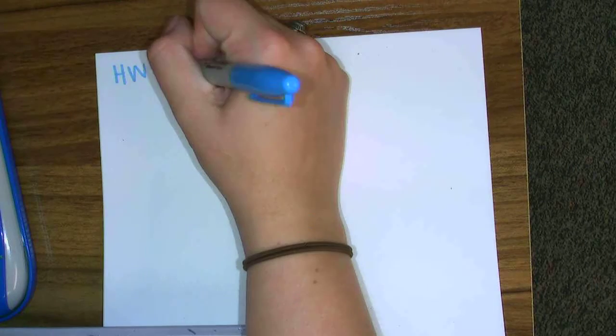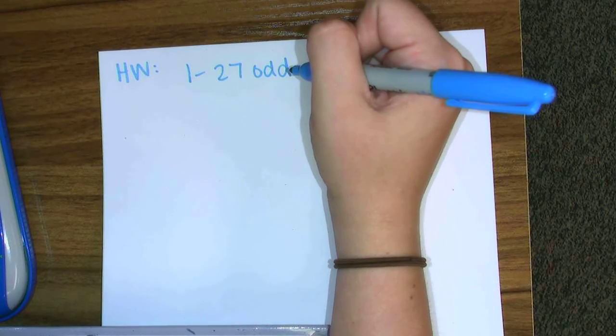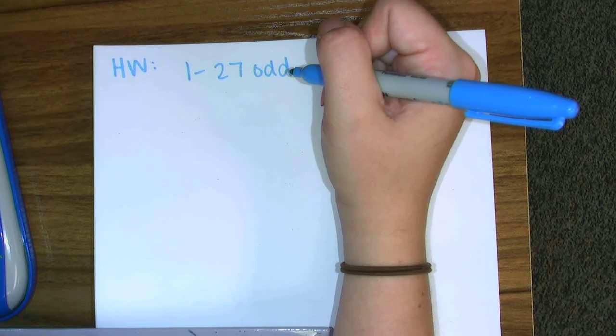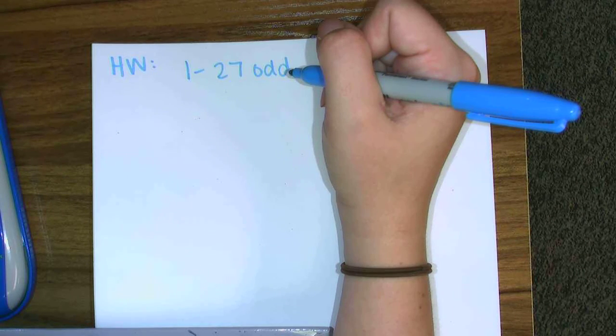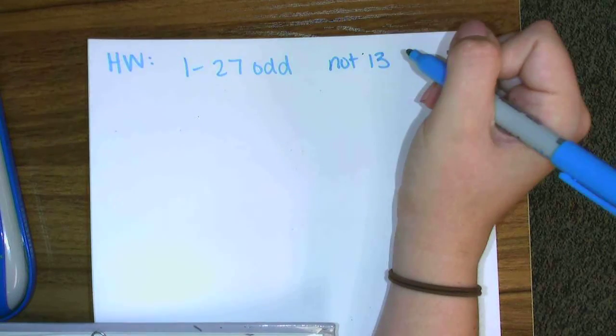Alright, it's 1 through 27 odd, but not number 13. Okay, get rid of 13. I'll take out one of those longer problems.